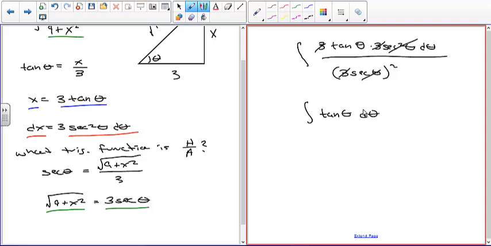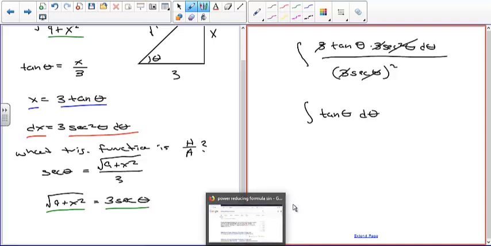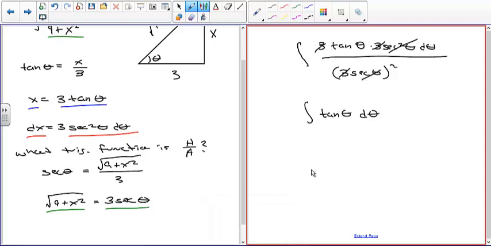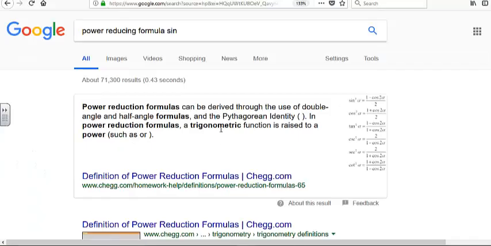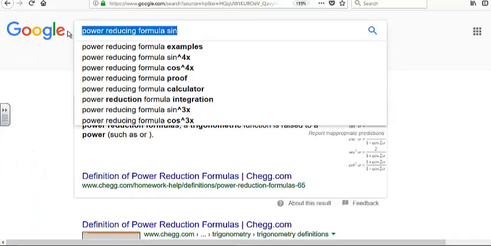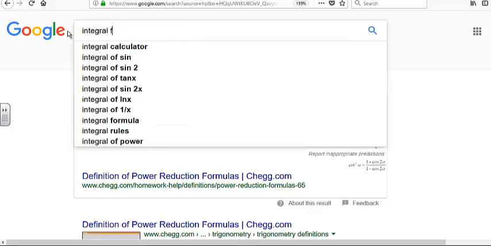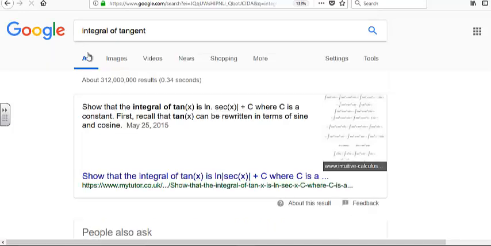We don't have to do any kind of fancy stuff here, and I think it's equal to, it's either negative or positive, the natural log of the absolute value of the cosine of theta. But we'll look it up here. Integral of tangent. Okay, so it's the natural log, actually the secant. Is that right?